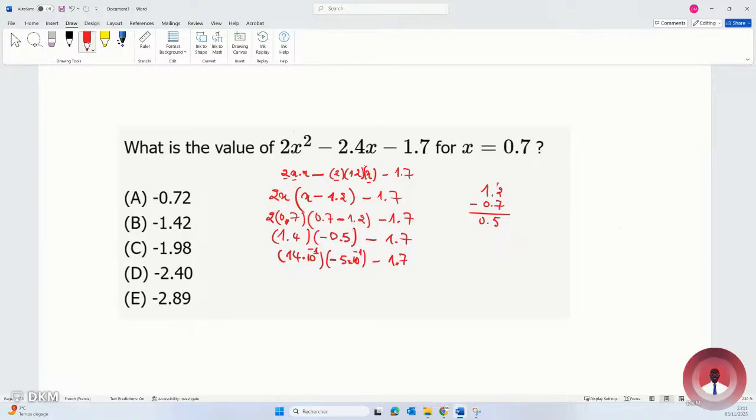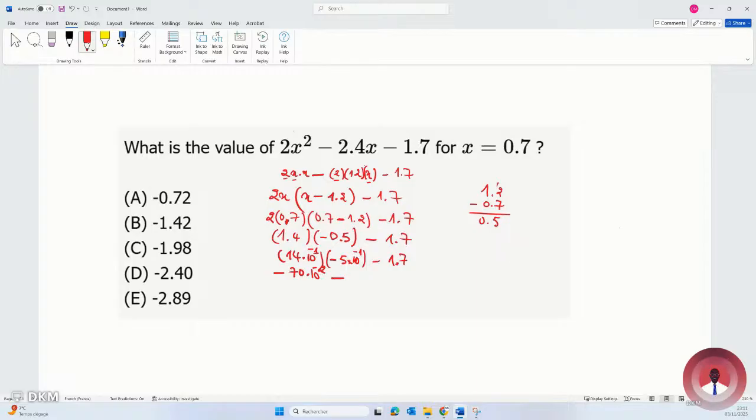Now we can multiply. 14 times minus 5 is actually going to give us minus 70 times 10 to the power minus 2. 10 to the power minus 1 times 10 to the power minus 1 is 10 to the power minus 2.